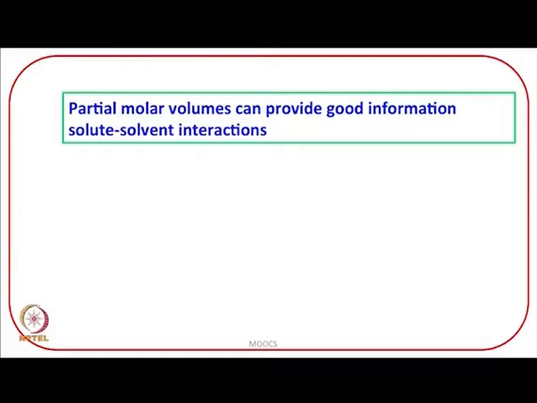As I just pointed out, partial molar volumes can provide good information about solute-solvent interactions. The literature and many books write partial molar volume at infinite dilution as V2M naught.